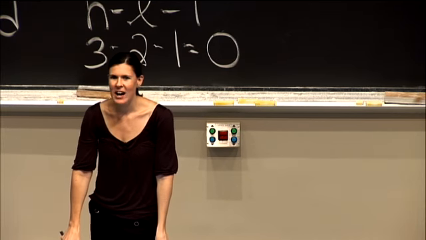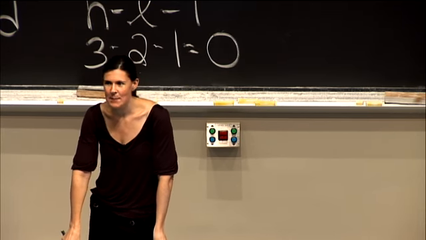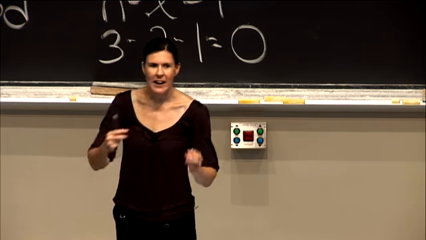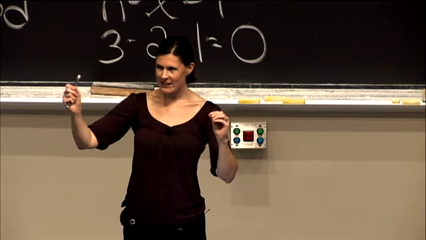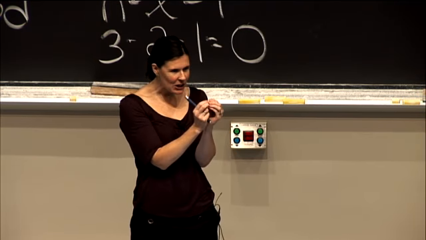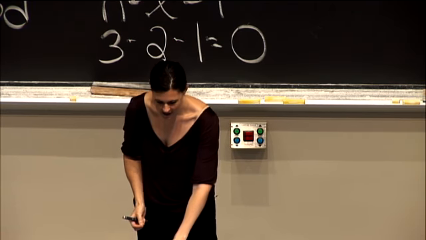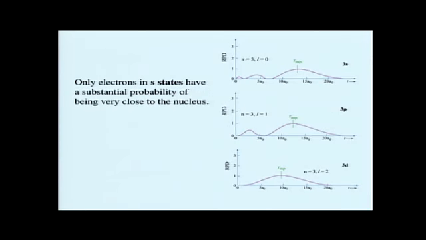So I want to contrast that with another concept that seems to be an opposing idea, and that is thinking not about how far away the most probable radius is, but about how close an electron can get to the nucleus if it's actually in that orbital. And what we'll find is that we see the opposite.